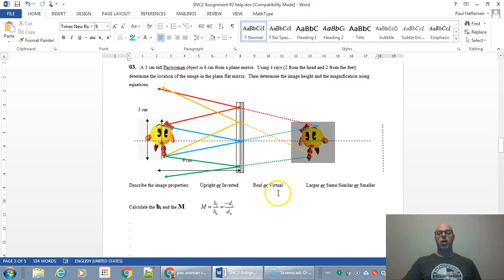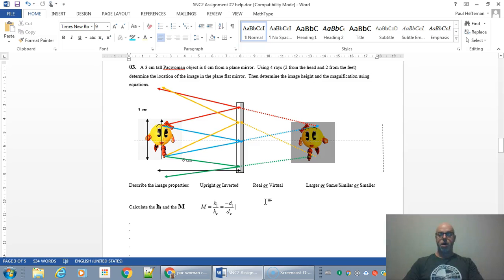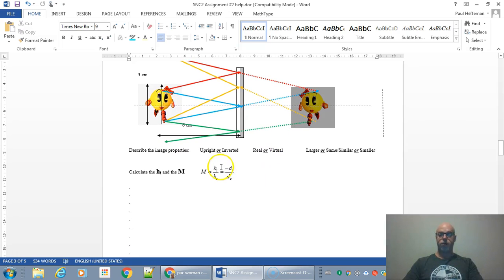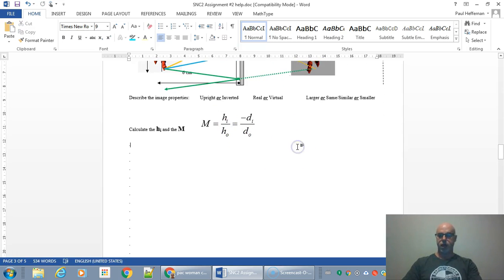So now, mathematically, I can check to see, when you look at your image in the mirror, you'll notice that you're the same size in the mirror, or almost the same size. So the magnification should be about 1. And your height's about the same. So really, if we take a look at the formula that we use right here, okay, just going to copy and paste it down.